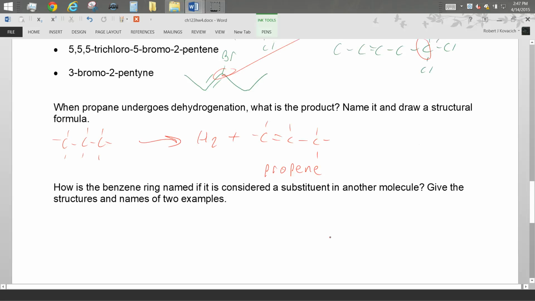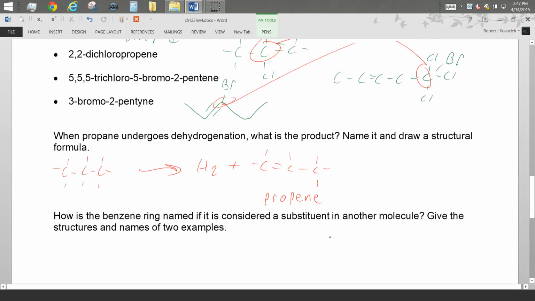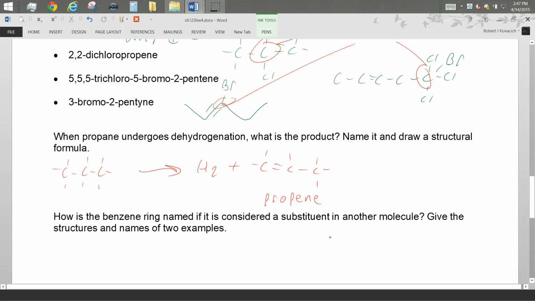Question. You didn't ask for anything to react with it, you didn't assume there was anything, it's just dehydrogenation, but how would you do that process? Just expose it to O2? No. That would make water. So how would you get the 2 hydrogens off there? It has to be at a certain temperature in an acidic environment.